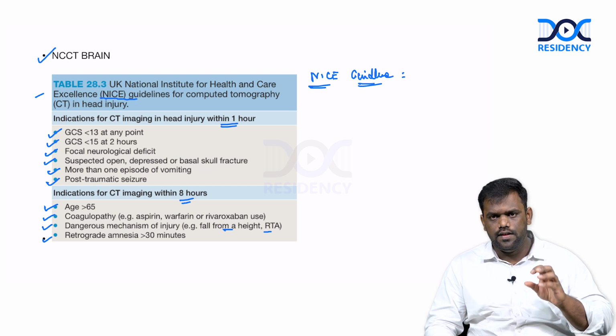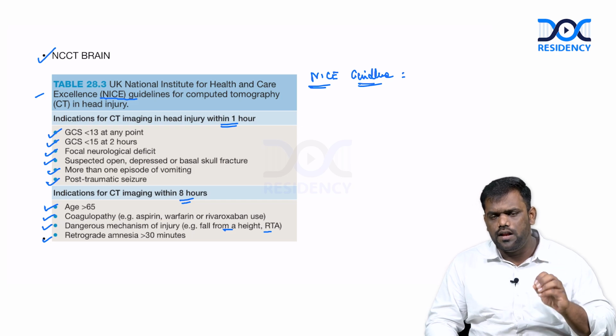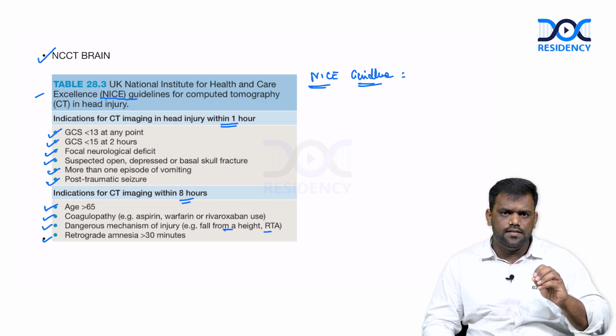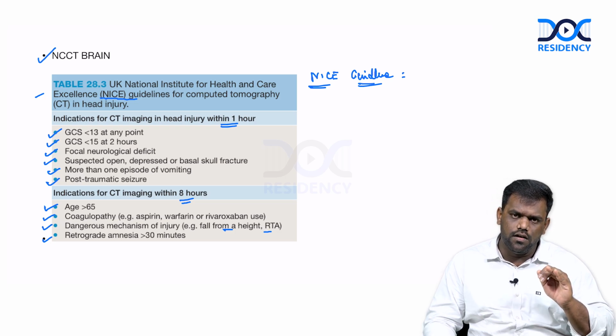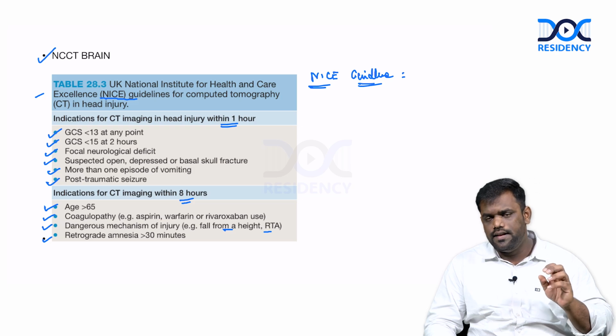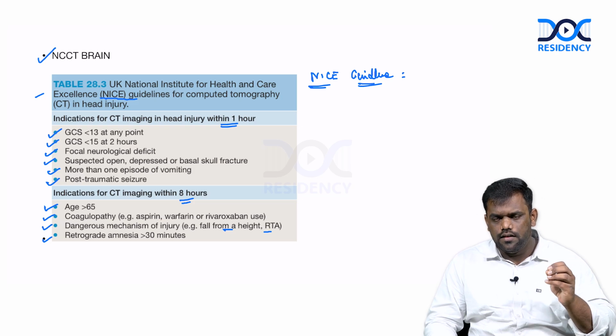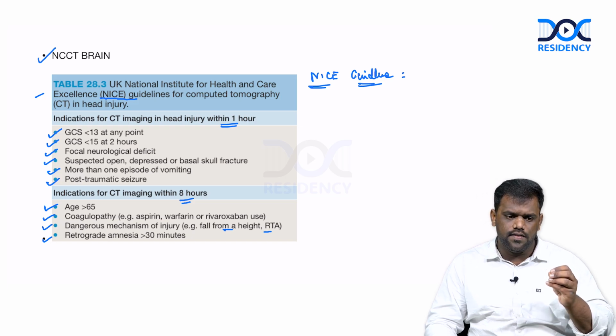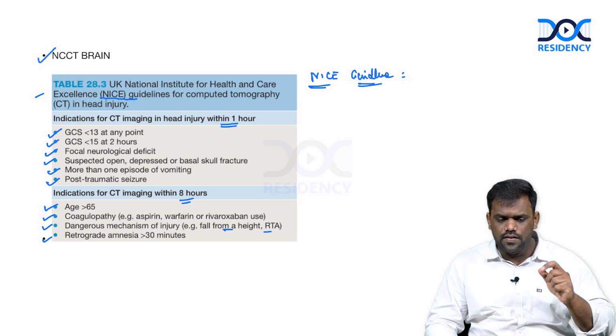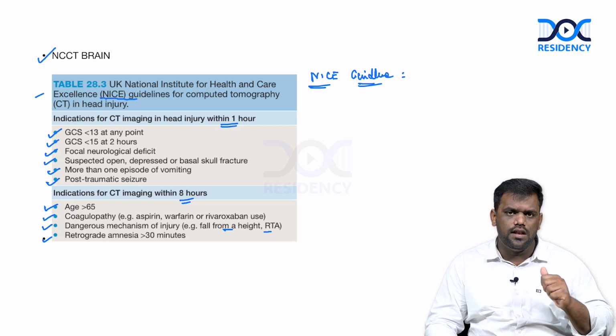Within 8 hours means when the patient's age is more than 65, or the patient is taking anticoagulants like warfarin or rivaroxaban, or has a dangerous mechanism of injury, or retrograde amnesia more than 30 minutes.